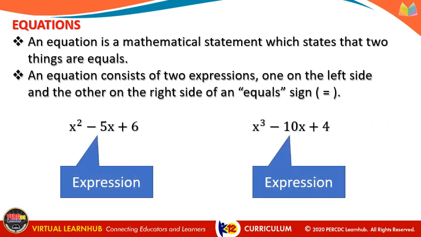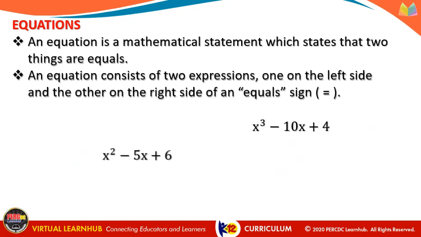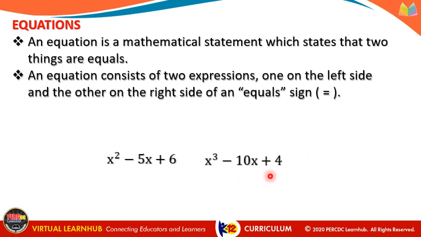Ipwesto natin yung x squared minus 5x plus 6 nandito, tapos ipwesto natin yung x cubed minus 10x plus 4 nandito. And then, maglagay tayo ng equal sign sa gitna. And there you have it. We now have an equation. We now have an equality. So again, this statement says that the left side and the right side must be equal.